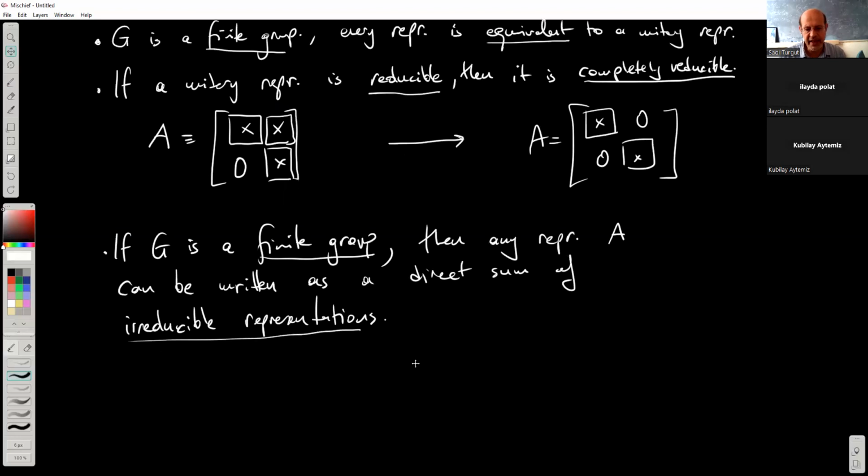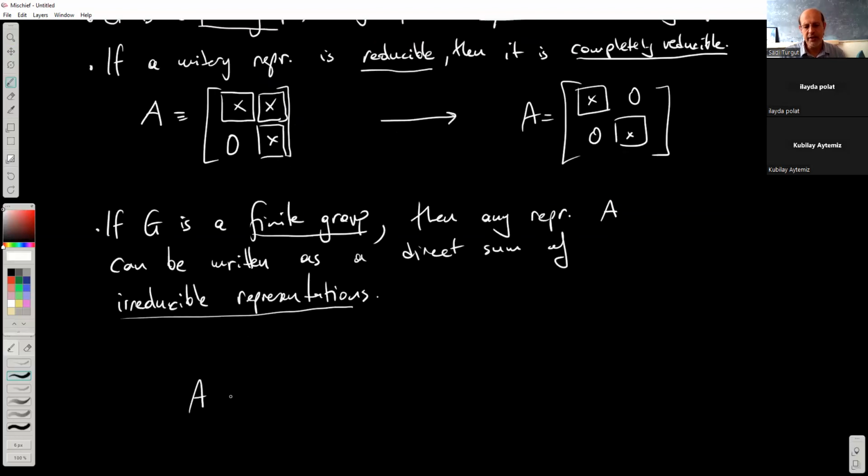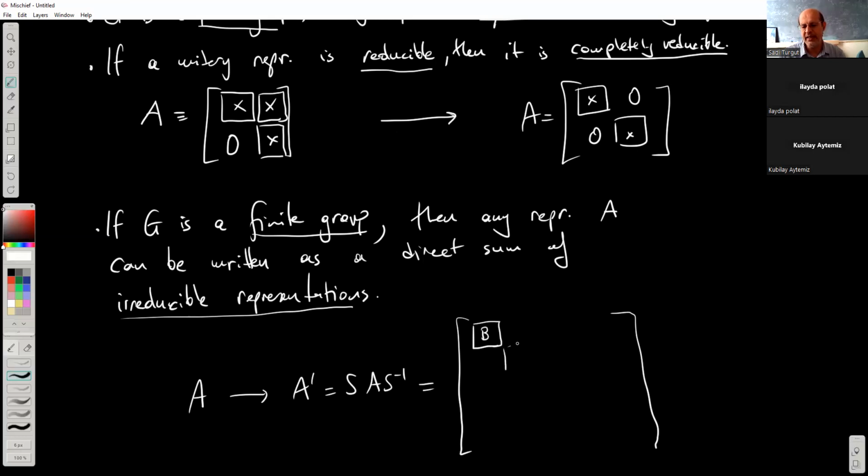So for every representation A, therefore, I can do some kind of a similarity transformation and pass to a new representation. Let's just write it down like that, where we have this thing in block diagonal form, so there are some representations in here. So let me call this B and this C and, I don't know, D and so on, right? Lots of representations in here. And all of these off-diagonal blocks are equal to zero. Right? If it is reducible, then it can be brought into that form.